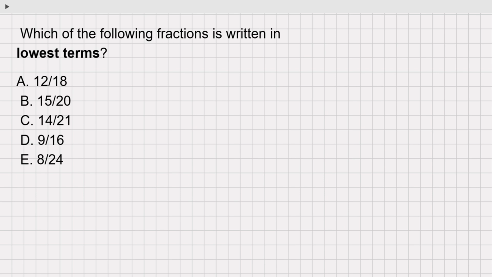Which of the following fractions is written in lowest terms? So in lowest terms, it's the simplified form of the fraction. We're just looking, can we simplify anything here? Now this should take just a few minutes if you're doing it, but I'm showing much more work than you have to. Here we can divide both the numerator and denominator by 2, by 3, by 6.